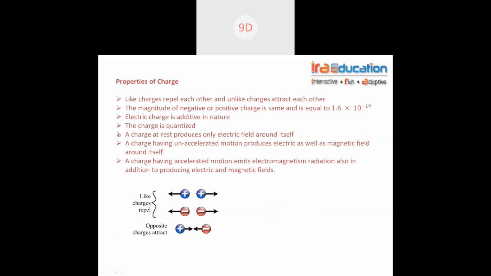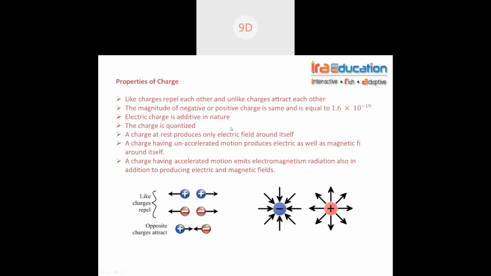This is the fifth point. Charges at rest produce only an electric field. Charges in constant velocity produce electric and magnetic fields. Make sure you know these points, then you can relate them to what you are studying. So charges at rest produce an electric field.